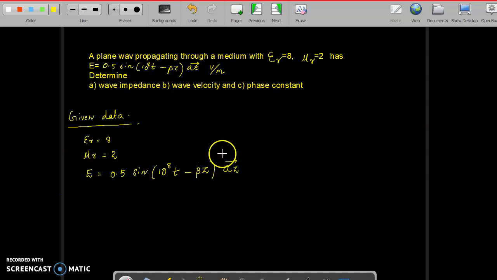This represents the direction of the propagation.